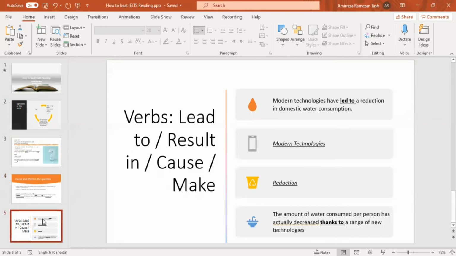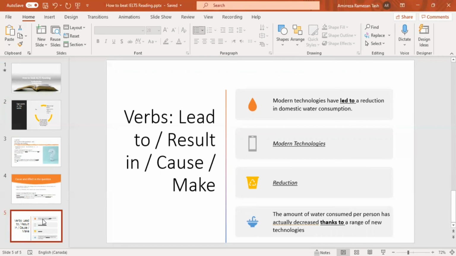We can also show cause and effect relationship using some verbs. These verbs are likely to result in, cause, and make. Of course, there are some other verbs that can be used like them. An example, again from Cambridge IELTS book 7, page 25, says, "Modern technologies have led to a reduction in domestic water consumption."